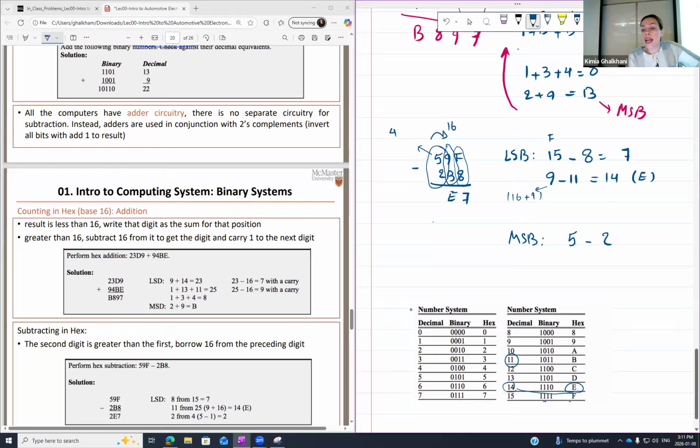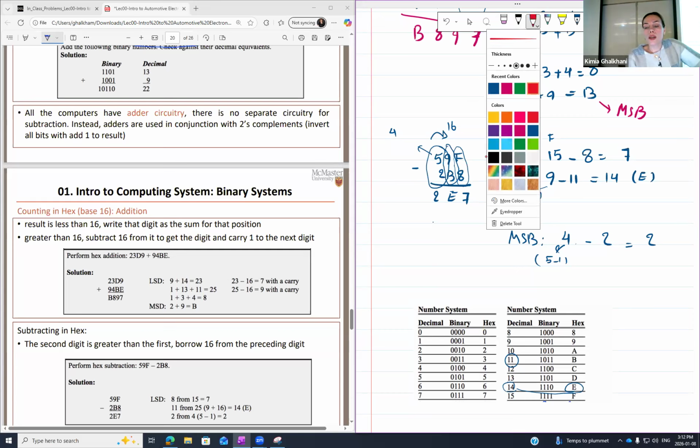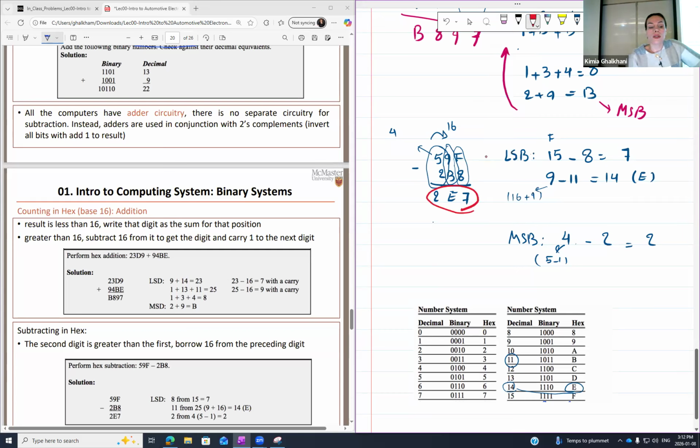Therefore, this is acting as 5 minus 1, which I'm going to replace with 4. Make sense? Then this is going to be 2, and I substituted it right in here. Now, the result is going to be this one. Make sense? Everyone got the point?